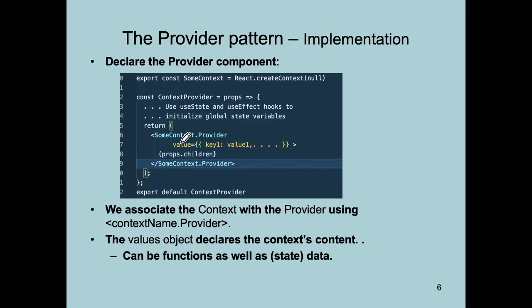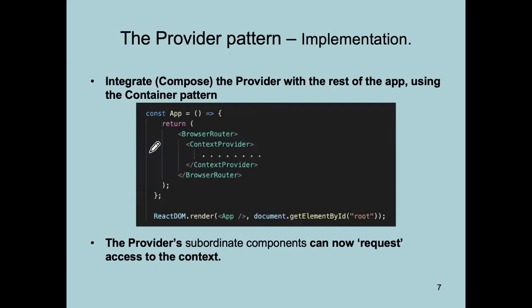So it's important to remember that you assign the value prop an object, and the key value pairs in that object are the things that you are making accessible to the consumers. And you notice also that I'm doing composition here. I'm using props.children, and that tells us we are going to be composing this component with other components. That's the composition part.